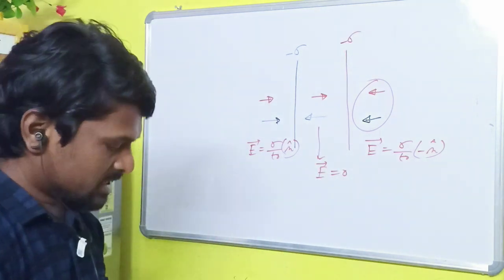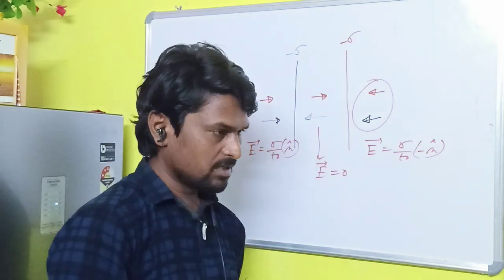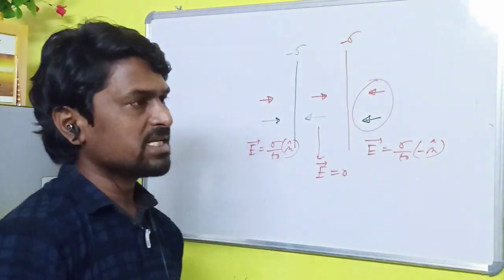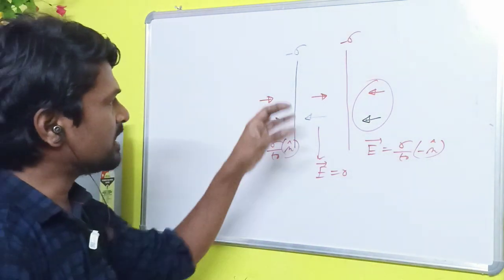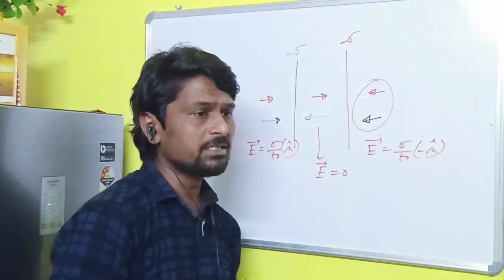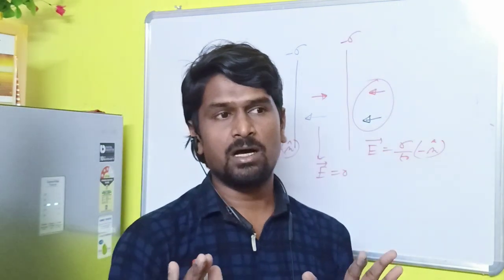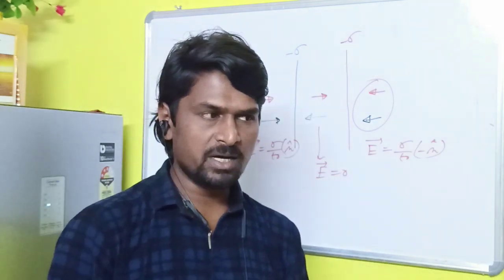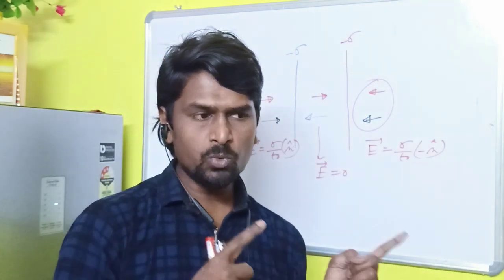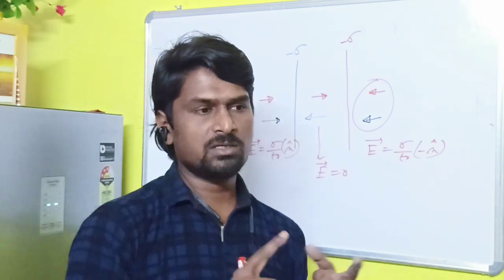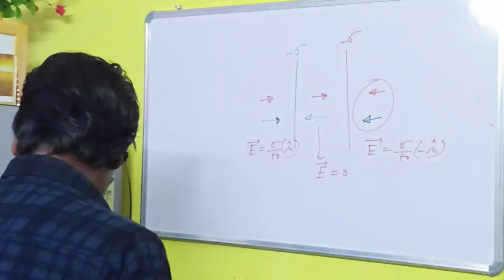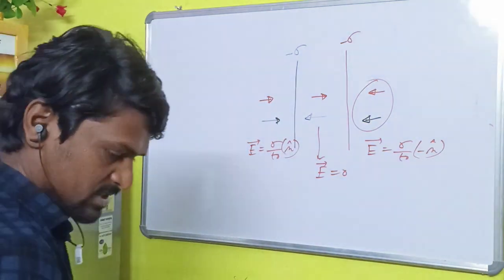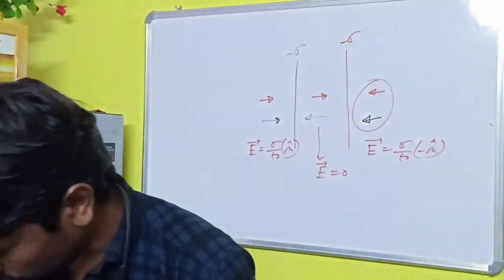So these are all the cases. The question is about the density of the charge. If the density of the charge is uniformly distributed but the two plates are not equally charged, uniform charge always resides on the surface.